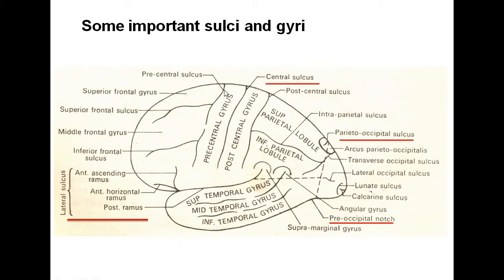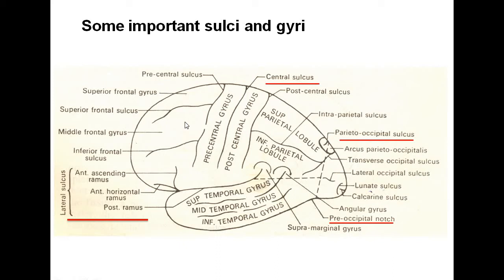So just anterior to this you have the precentral sulcus. The area between the central sulcus and precentral sulcus is called the precentral gyrus. The area between the central sulcus and postcentral sulcus is called the postcentral gyrus.